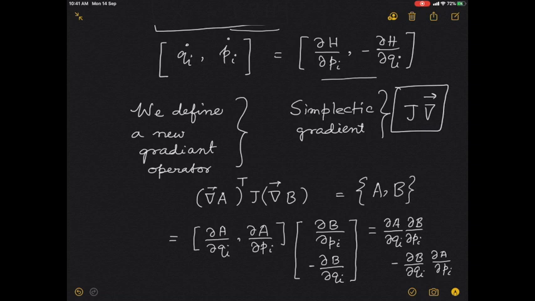So this is nothing but our Poisson bracket. This is called the symplectic dot product.